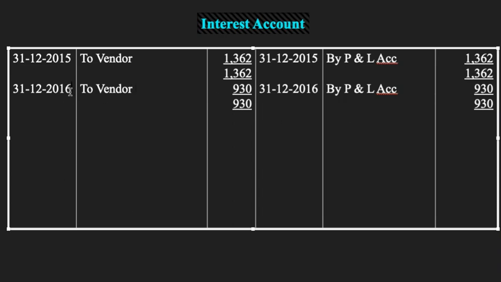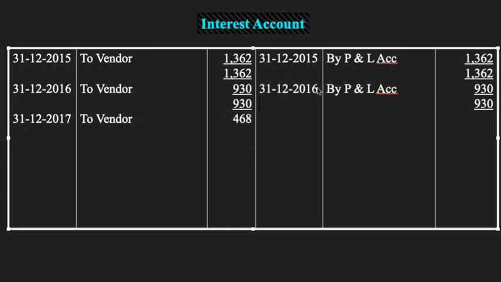Again we have on 31st 12 2017 to vendor. How much? The interest amount for that year was 468 rupees. So we are going to write down the same amount here, 468 rupees, right? So this amount we are going to write down.